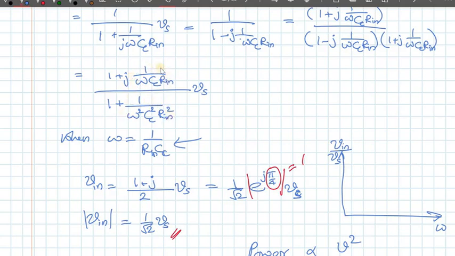Similarly, this is almost equal to 0, and therefore V_in is equal to Vs. So what I have is something like this. This is 1. But at lower frequencies, this starts to roll off. Okay, and at this point you have half the power. In other words, 1 over square root 2 is 0.707 of the voltage. You have this frequency which we call omega L, the lower cutoff frequency.